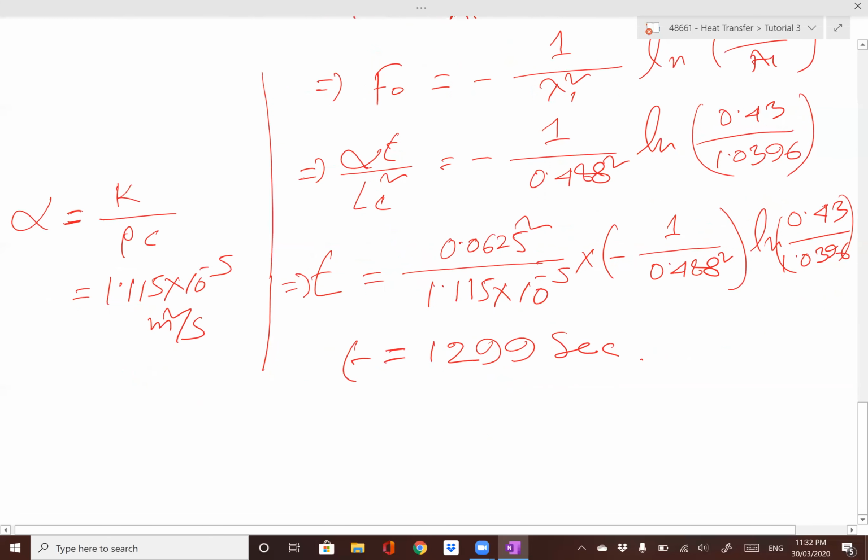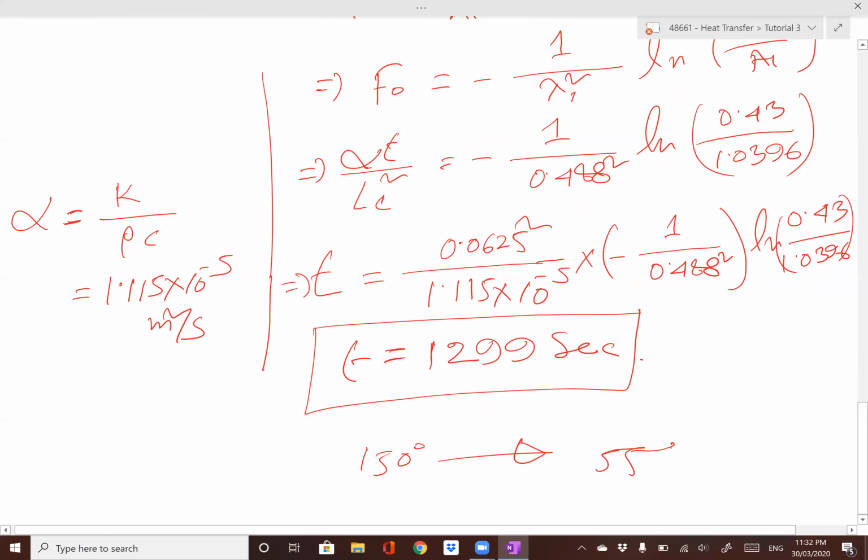So we have to heat our steel for 1299 seconds to preheat it to 550 degrees Celsius. This required time is around 1299.